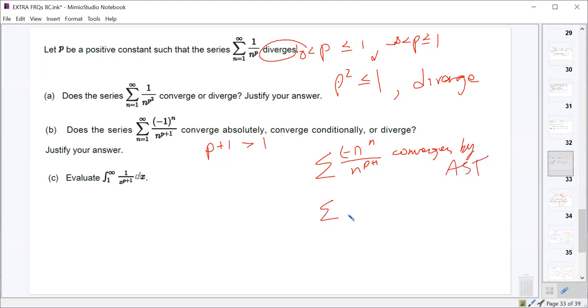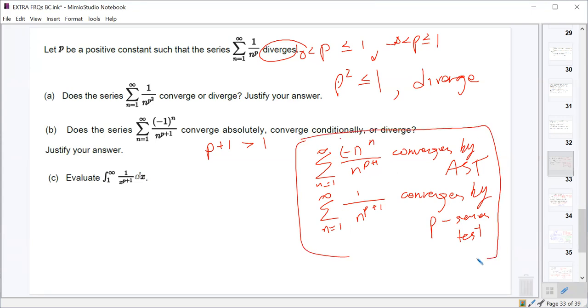And you don't even really have to say that. You should be able to say that the series from n equals 1 to infinity of 1 over n to the p plus 1 converges by the p-series test. This series is always going to be positive, and if the absolute value of a series converges, then the series itself converges.